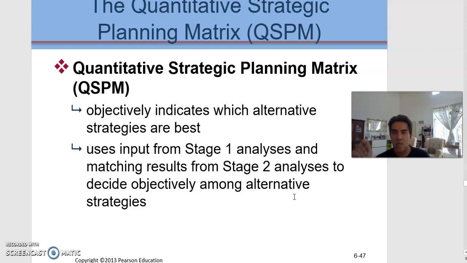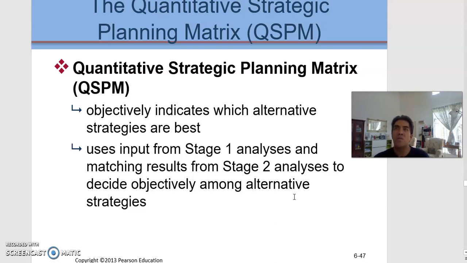particular organization. So, for example, under the SWOT matrix, SO, WO, ST, WT, we may have suggested altogether 10 strategies, 3 from SO, 3 from WO, 2 for ST, and 2 for WT. So, altogether we have 10. But there is no way that we are going to propose all those 10 strategies for the company to implement.